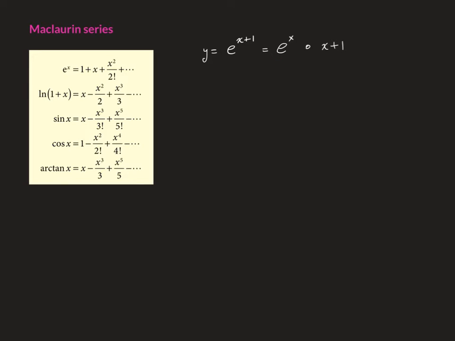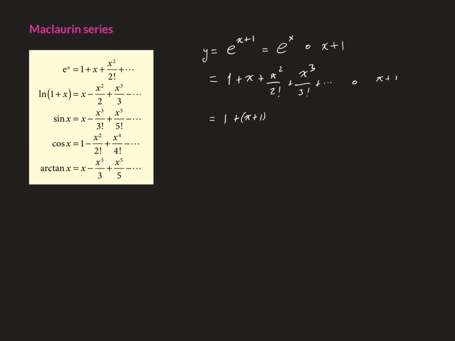So what that would look like is basically we're going to interchange e power x with its series expansion. So it's going to be 1 plus x squared over 2 factorial plus x power 3 over 3 factorial and so on, in combination with x plus 1. And what that means is we simply substitute x plus 1 instead of x.